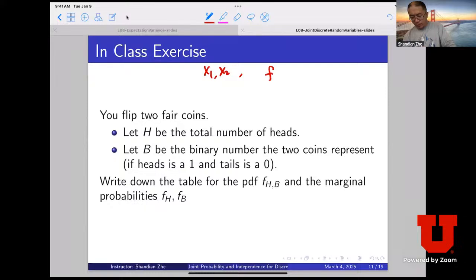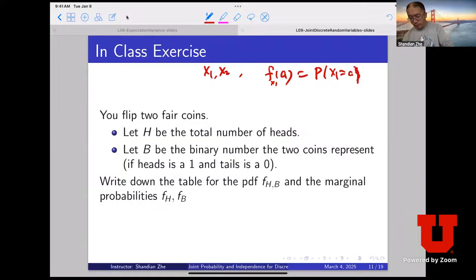For a single random variable x1, we know from our previous discussion that the PMF or PDF is defined as the probability that x1 takes the value a.